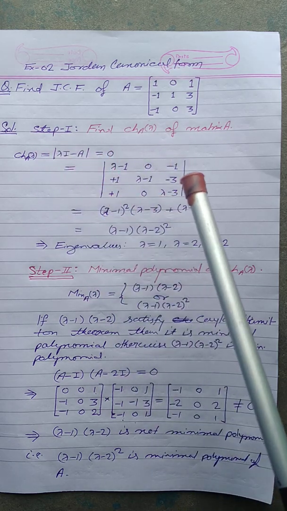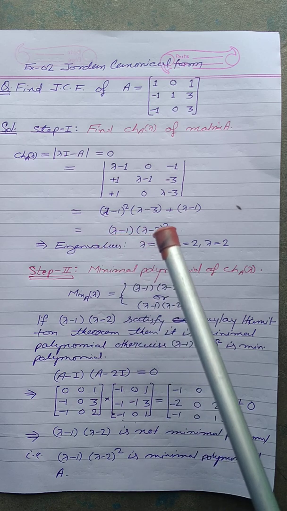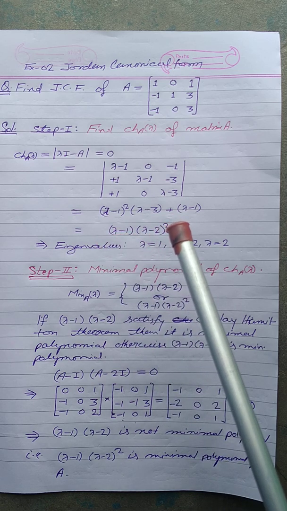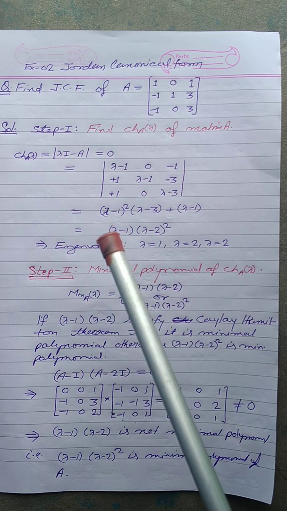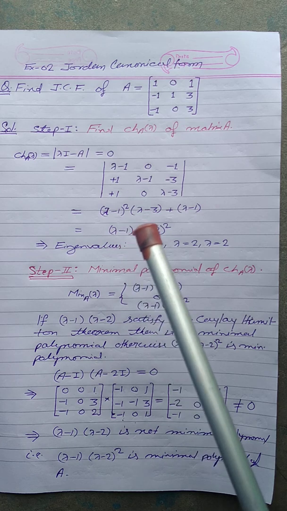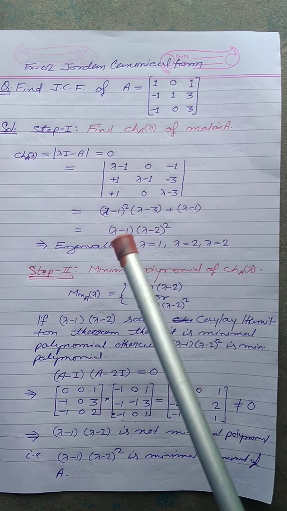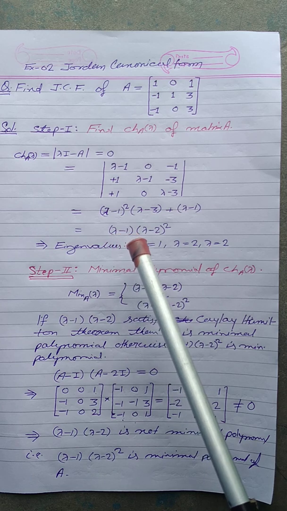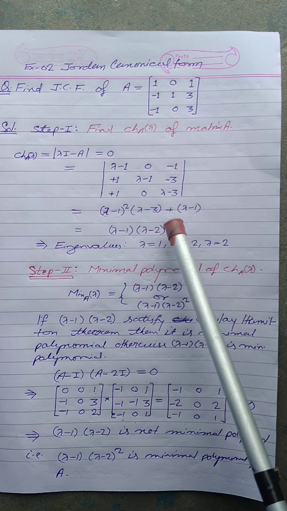After solving this, the characteristic polynomial is lambda minus 1 times lambda minus 2 to the power 2, which shows that we have three eigenvalues, lambda equal to 1, lambda equal to 2 and lambda equal to 2, where the algebraic multiplicity of lambda equal to 1 is 1 and the algebraic multiplicity of lambda equal to 2 is 2.